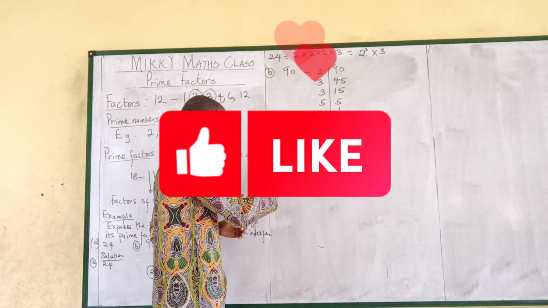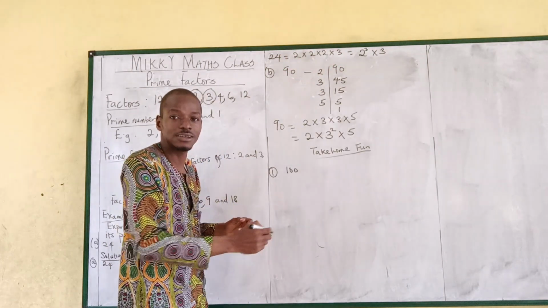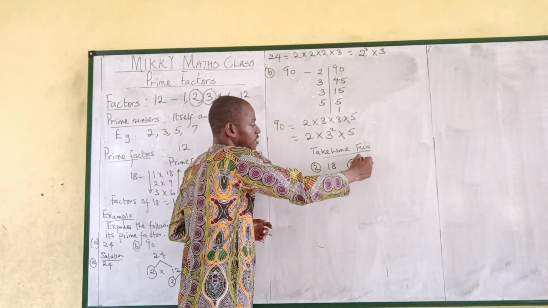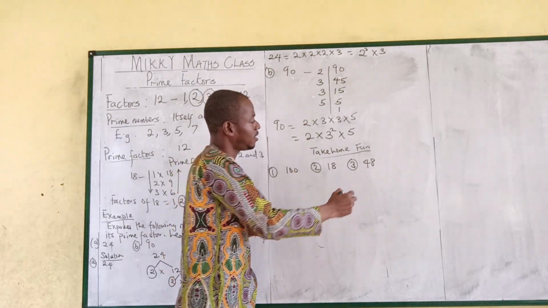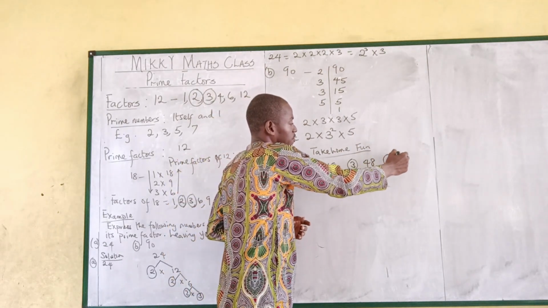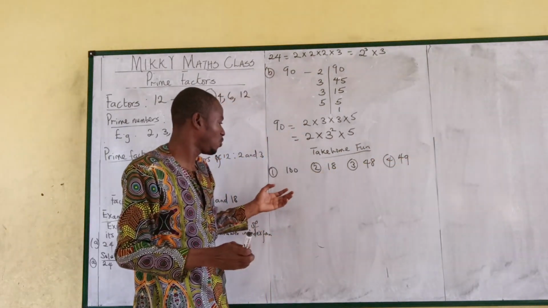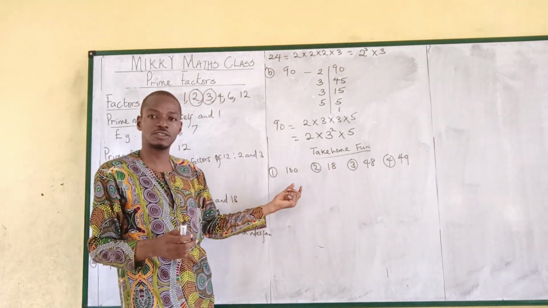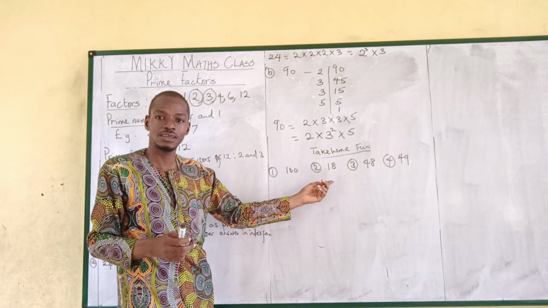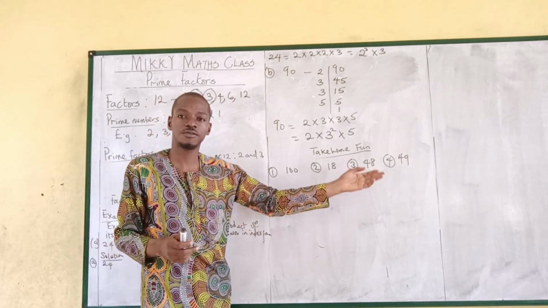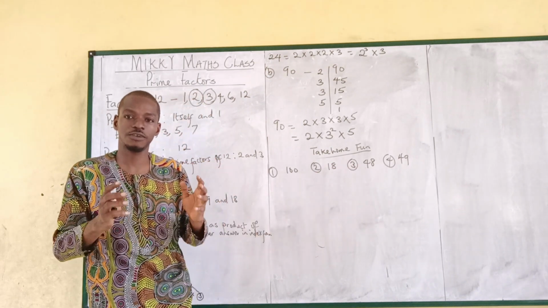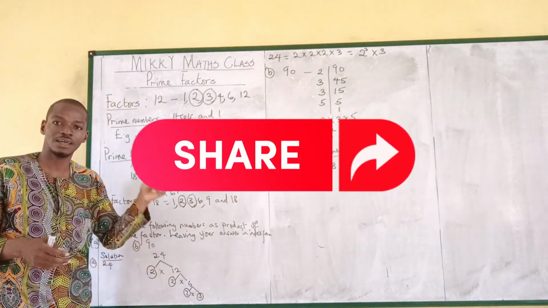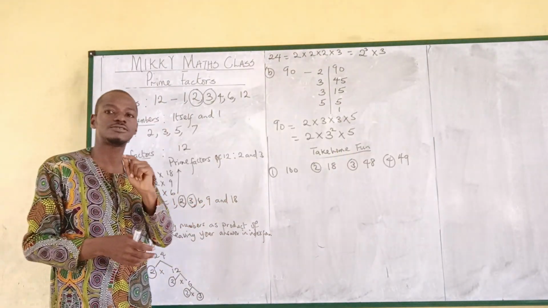Let's look at 100, 18, 48, and 49. Express these numbers as a product of their prime factors. Don't forget, leave your answer in index form.